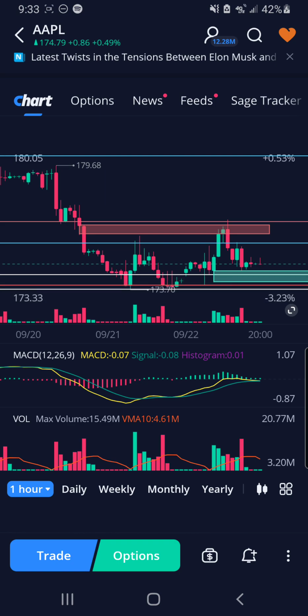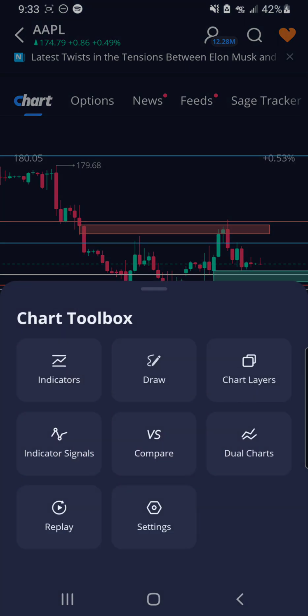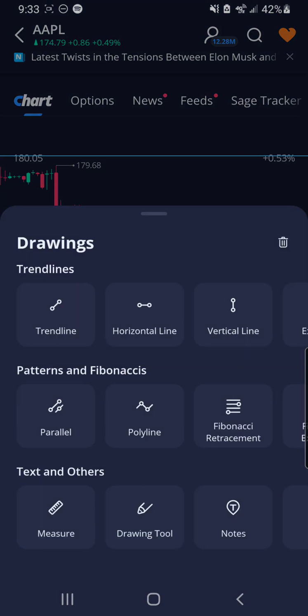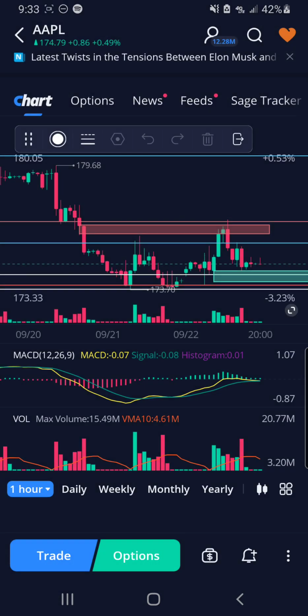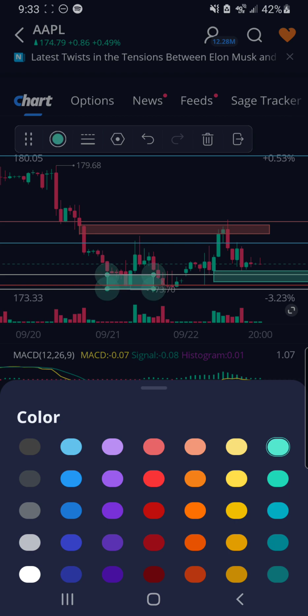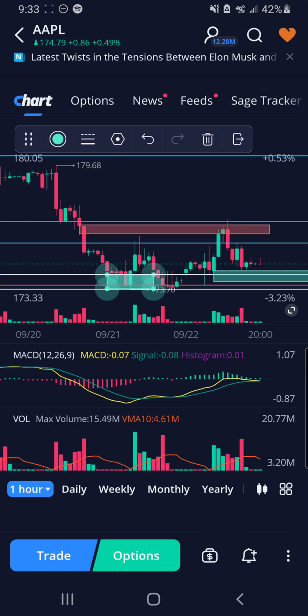That would be where sellers stopped. So you'd make a rectangle here to there in that time frame. And we'll make it green, telling you where to buy. We'll get rid of this line and this line.